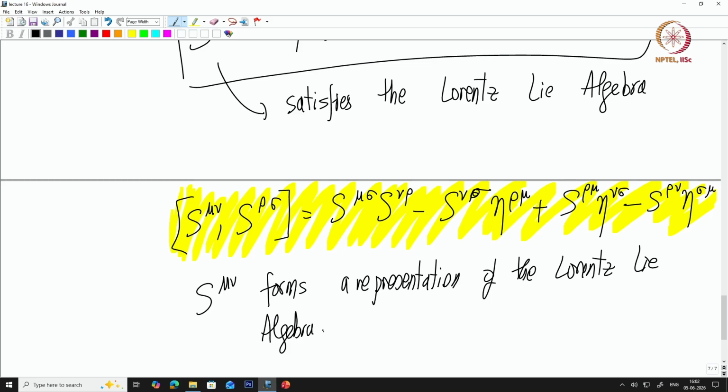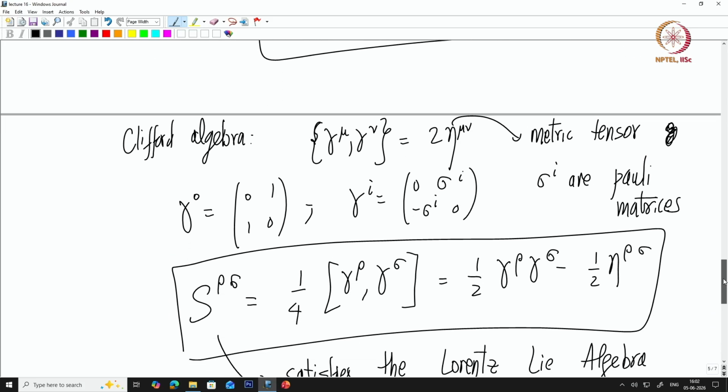S, the commutator of the gamma matrices, forms a representation of the Lorentz group.